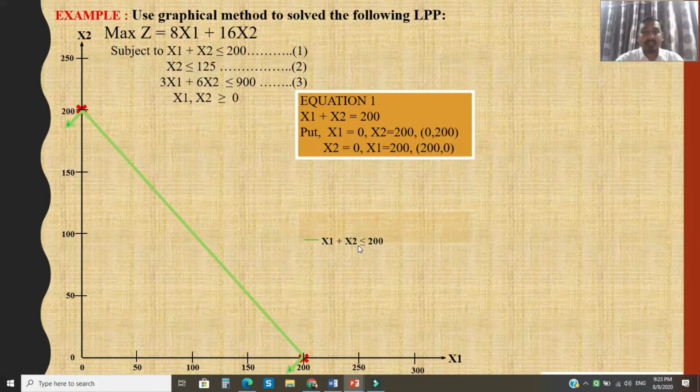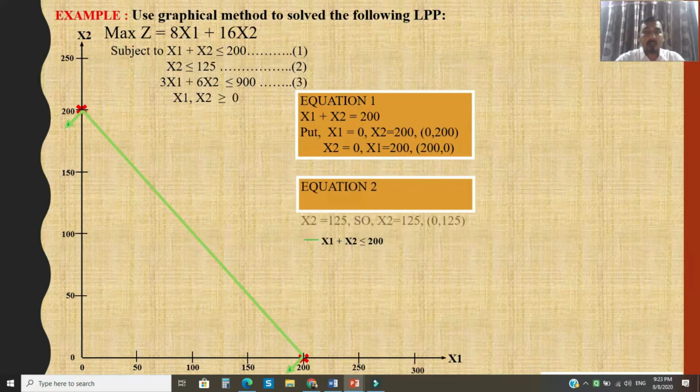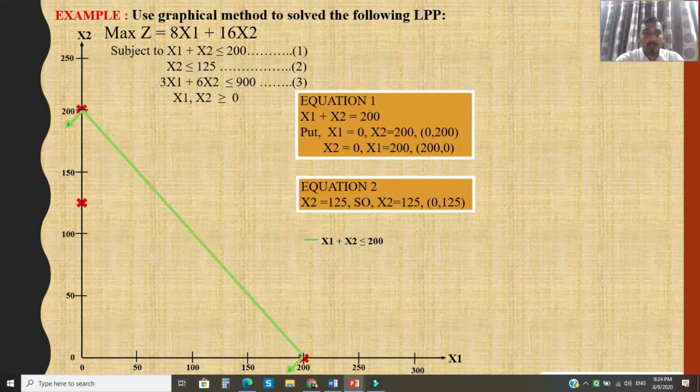Let's see the second equation. x2 is equal to 125. Here we have only one value, x2 is equal to 125, so the coordinate is 0 and 125, x1 0 and x2 125. First we put the point and just draw the straight line.